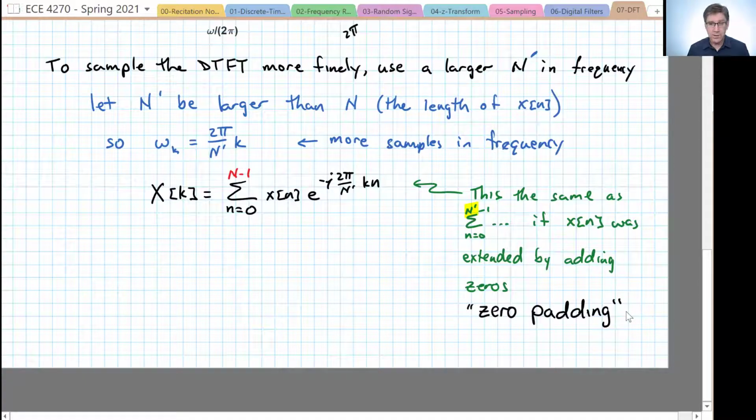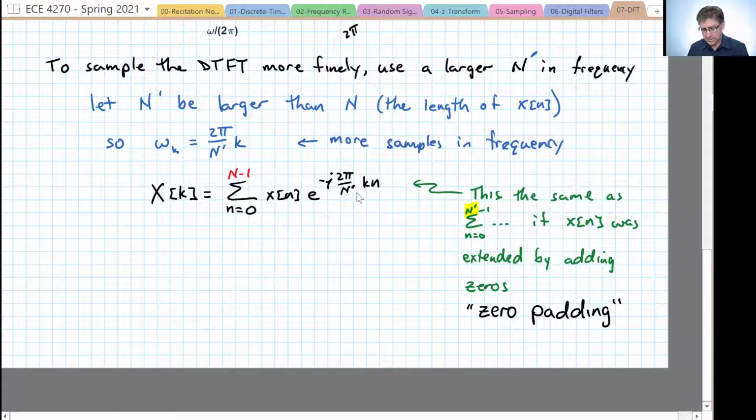So if we do this, we end up essentially having finer samples. That's what happens with our 2 pi over n prime.